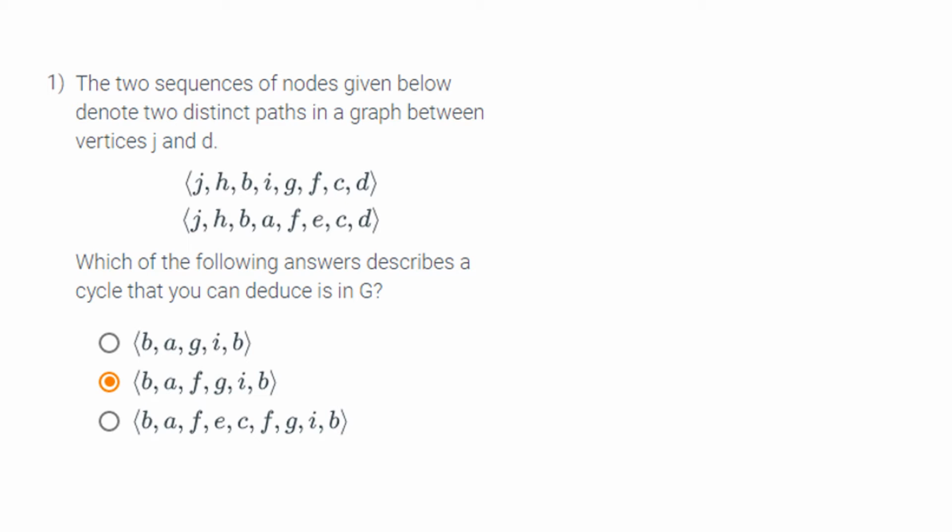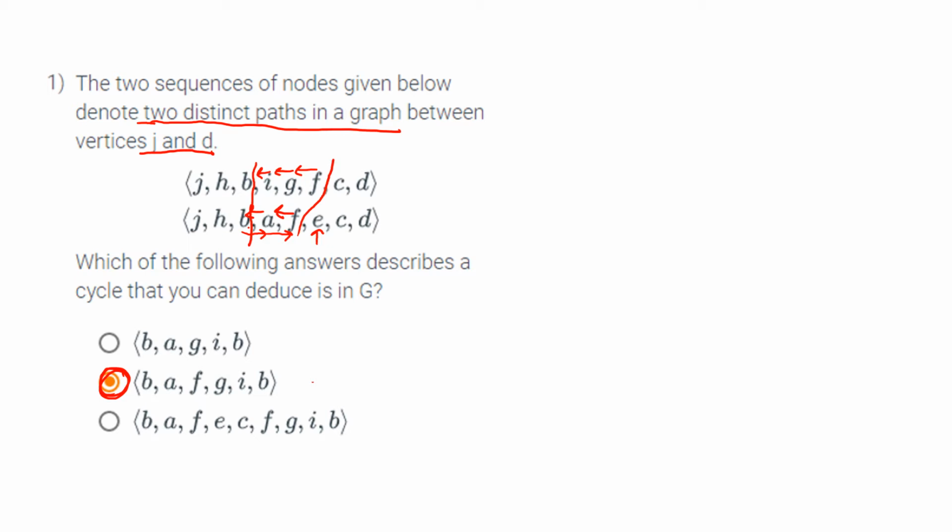But then going on to the second one, BAFGIB. If we started at BAF in the second path, we could then jump up to the F in the first path and go backwards and do GIB. So we start out BAF and then from the F go to GIB. So you go to BAF and then we go along that other path going back to the B, so GIB.